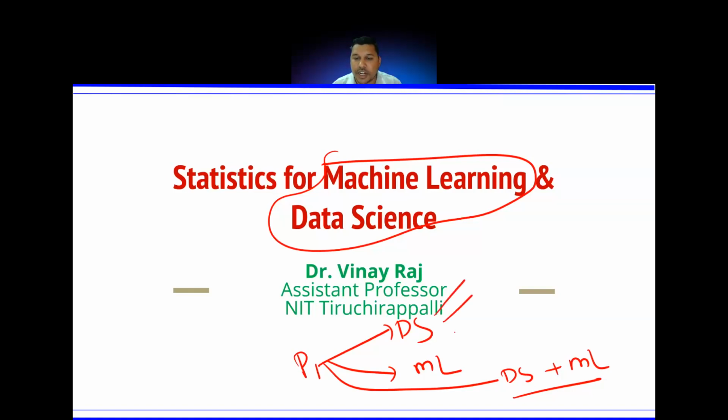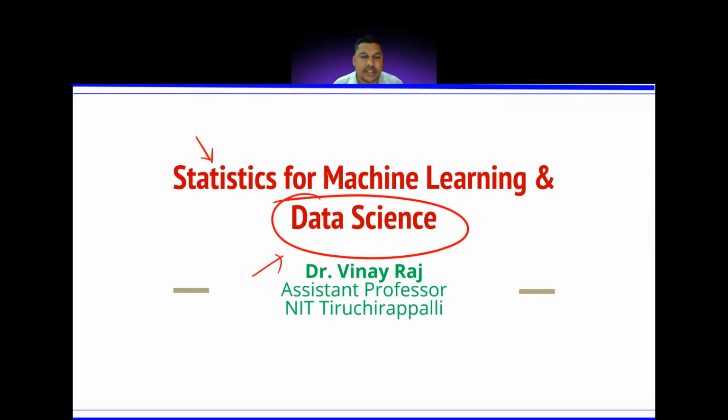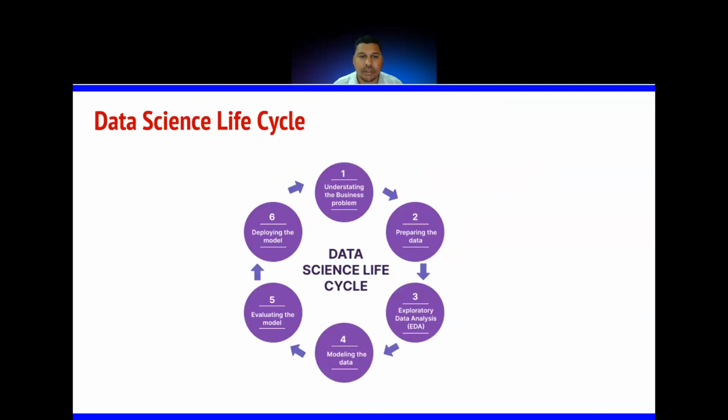So we have different jobs for each of these particular skills. In that, we will first study, given a data, how we apply these techniques, and one technique is statistics, how we use these statistical techniques in data science. So this is the data science life cycle I'm talking about.